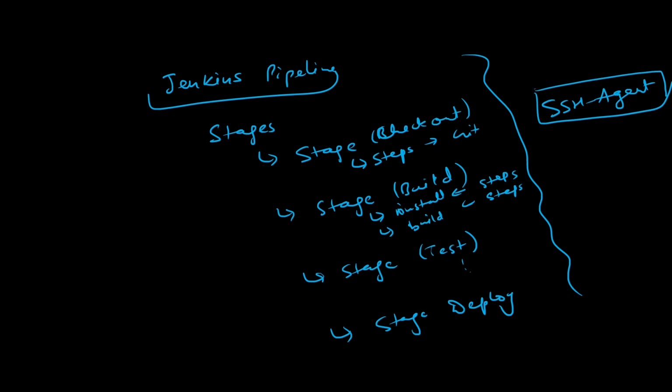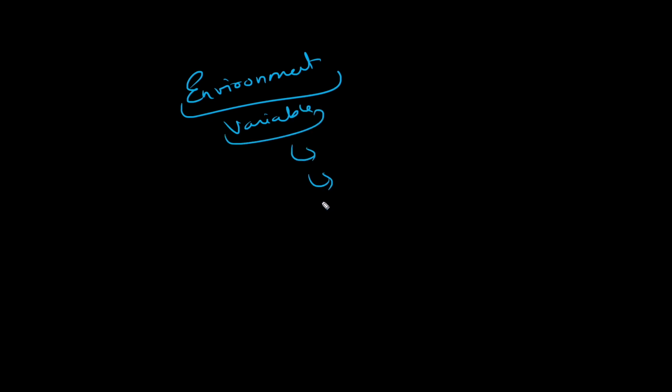Now again, in the Jenkins pipeline code, we also have the concept of environment. Just consider it like a normal environment where you want to store some variables, right? And then you want to keep using those variables throughout your program. So, for example, I want to use a username, and I want to use this username throughout.